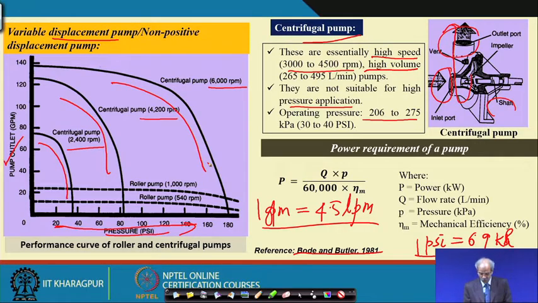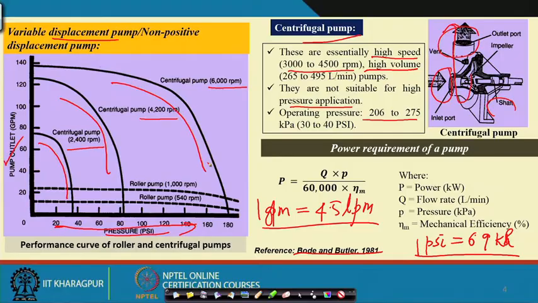Now, what is the power requirement in a pump? It is important. How do you get the power source for running the pump, because the pump is the heart. For that itself you need some energy, and that energy can be provided by the PTO of the tractor, or if you have an engine, or whatever is the power source that you can think of. So, how do you get the power?